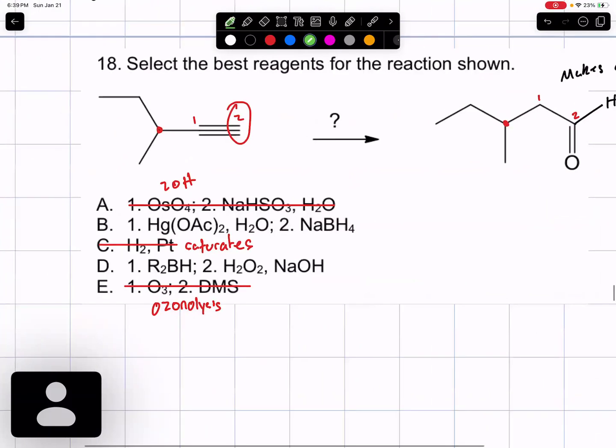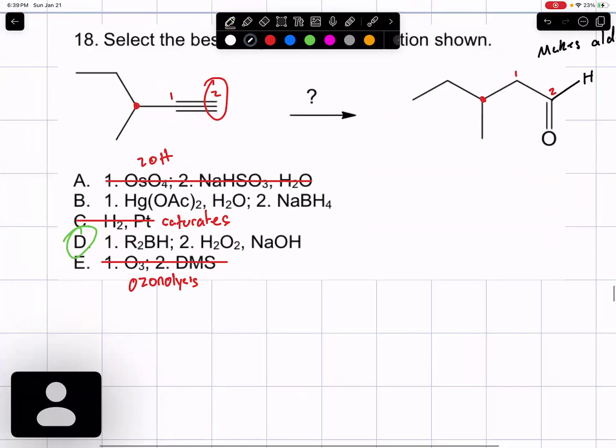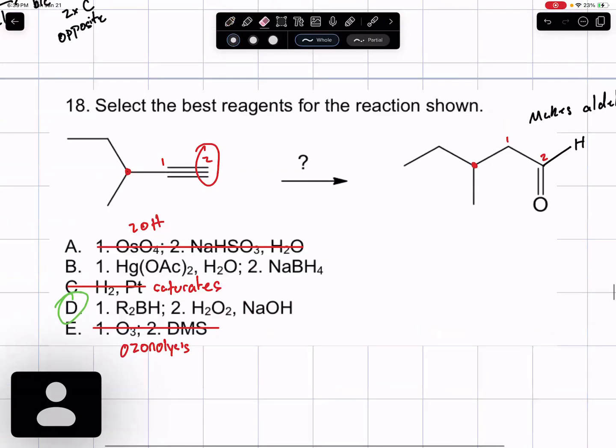That would be hydroboration. And I want to ask one more question. If I was to erroneously pick B, what would our product be if I used oxymercuration-demercuration with this?